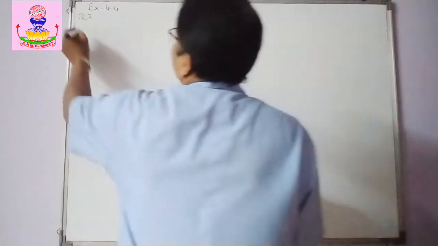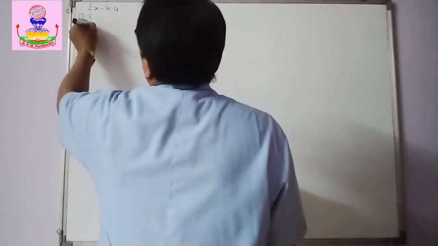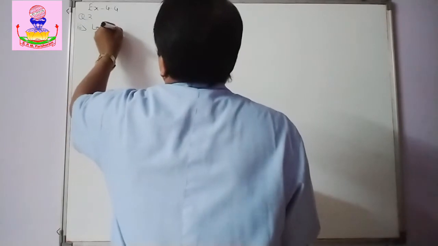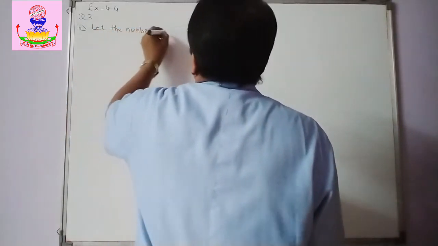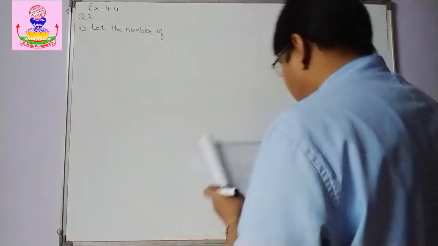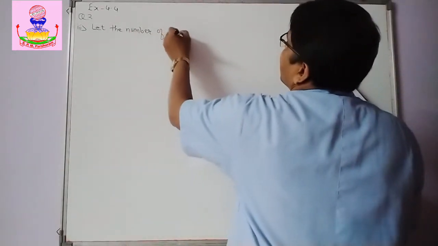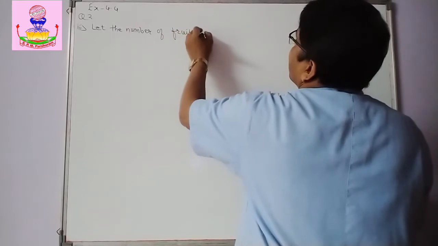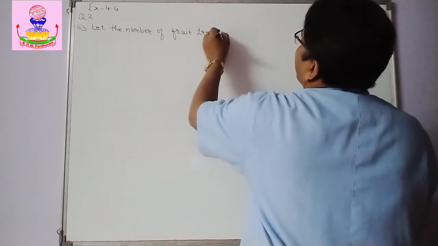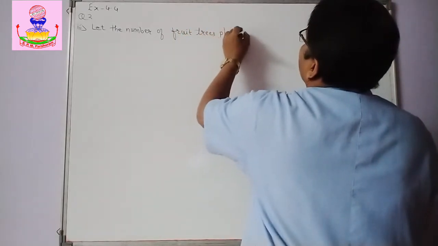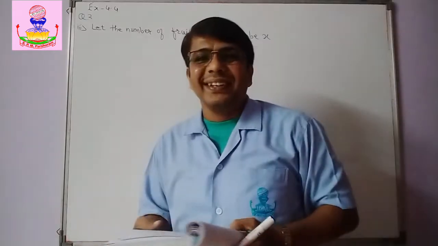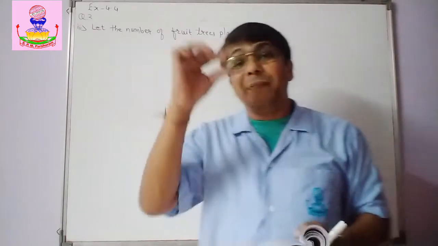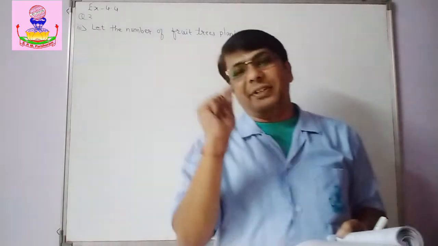Number of fruit trees planted. Okay, so let the number of fruit trees planted be x. Now we will go step by step, part by part, of the given statement.